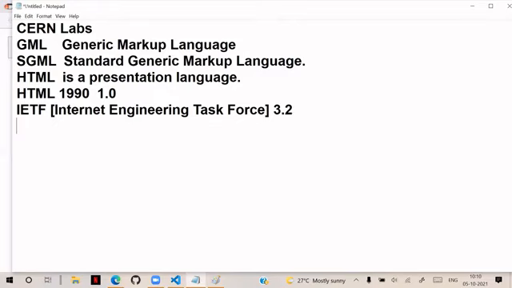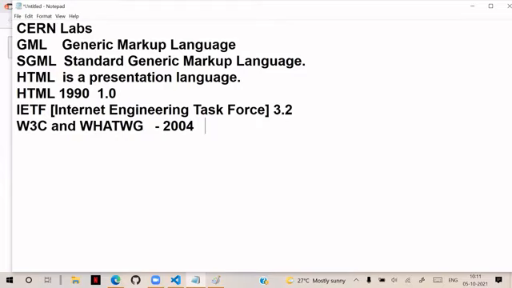After that, a group called W3C and WHATWG took the responsibility of HTML from 2004 onwards, and even now HTML is maintained by these people.